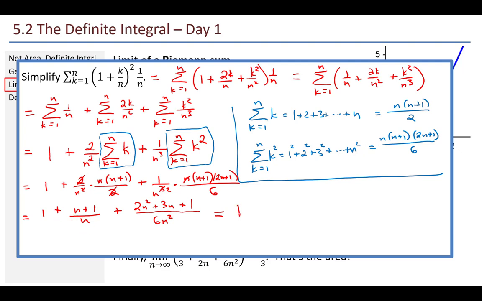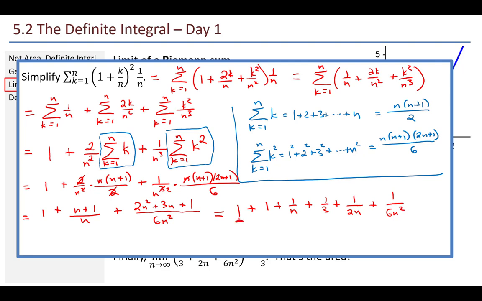So this becomes 1 plus, now I have n over n, which is 1, and 1 over n. And 2n squared over 6n squared looks like 1/3. 3n over 6n squared looks like a 1/2, maybe 1 over 2n. And plus 1 over 6n squared. And let's add together what we can.